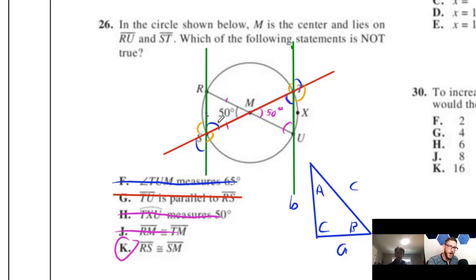So let's say I'm talking about this blue angle and this orange one. What would we call those? Those are not alternate interior. They have a different name because they're both above the red line. Which ones? So this angle and this one. Okay.